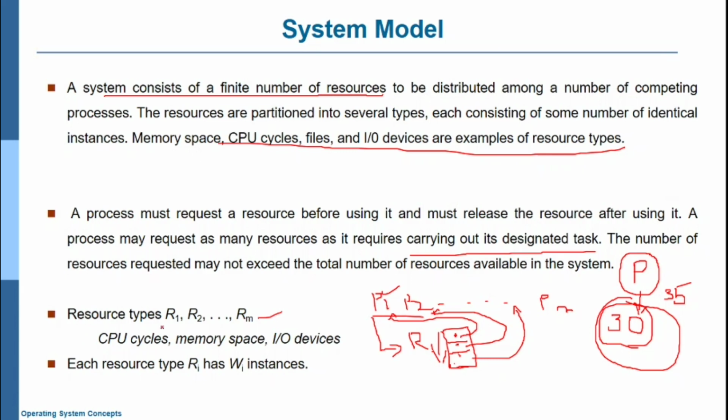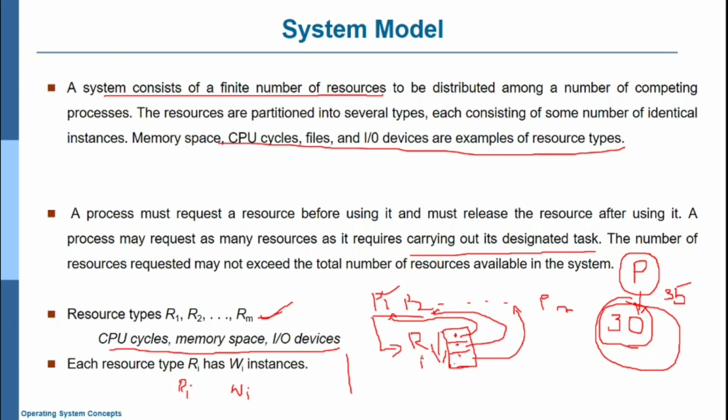Resource types are R1, R2, and maybe up to Rm. CPU cycles, memory space, and input output devices are examples of resource types. Each resource type Ri has Wi instances, as I have shown in this diagram.